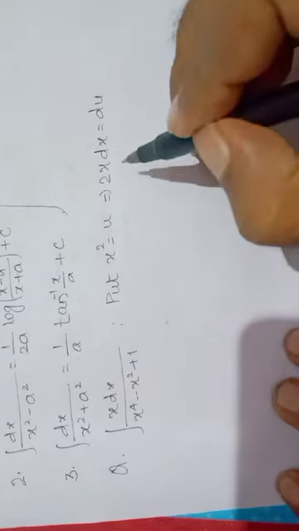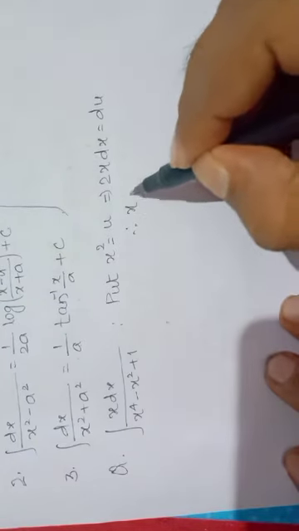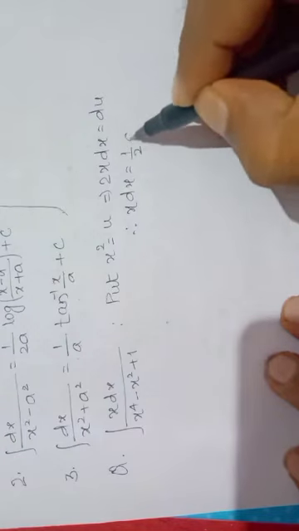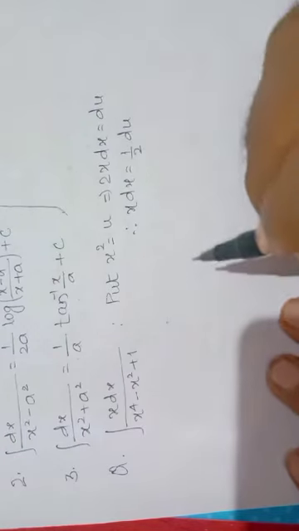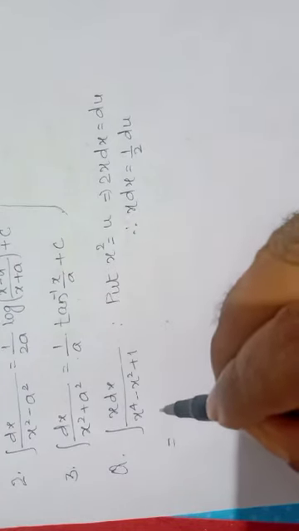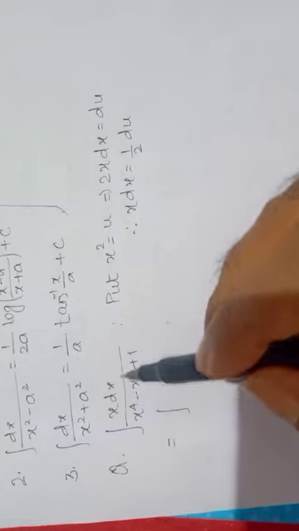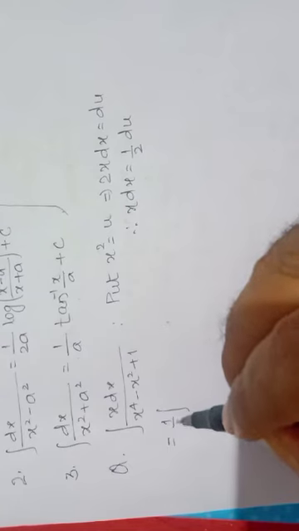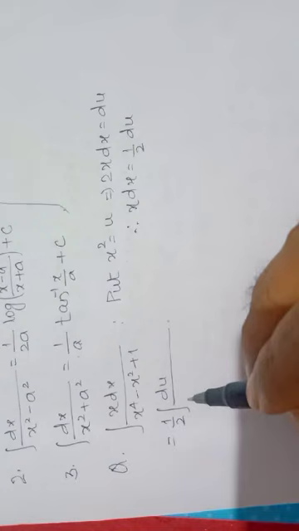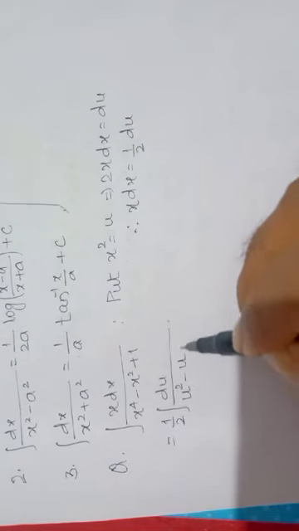After differentiating, we get this, and hence x dx should be written as 1 by 2 du. Now the question can be reduced: the numerator is x dx, which means 1 by 2 du, and the denominator is now u square minus u plus 1.